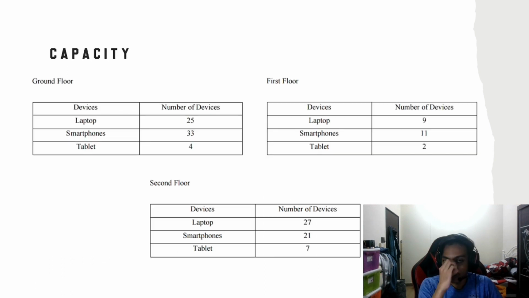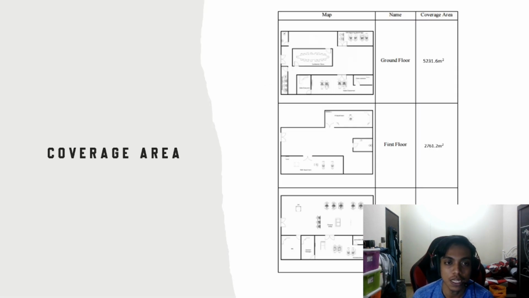Right. For the capacity, for the ground floor, the number of devices: laptops 25, smartphones 33, and tablets 4. For the first floor, laptops 9, smartphones 11, tablets 2. Second floor, laptops 27, smartphones 21, and tablets 7.